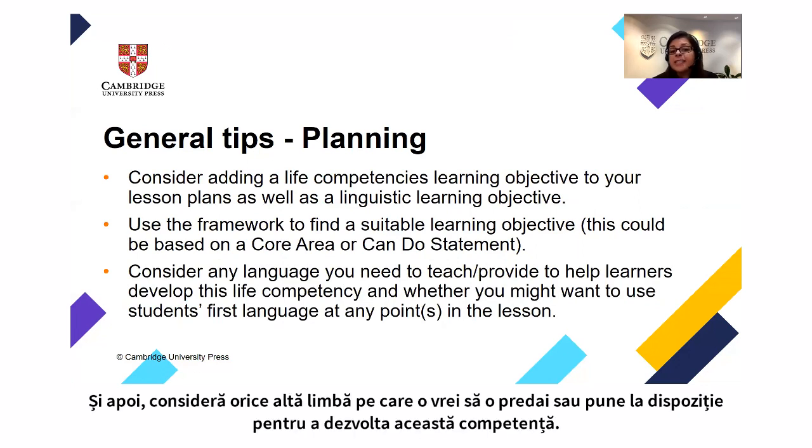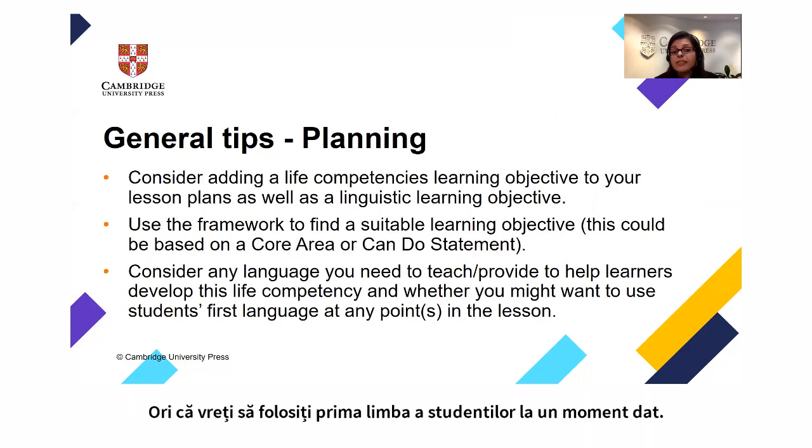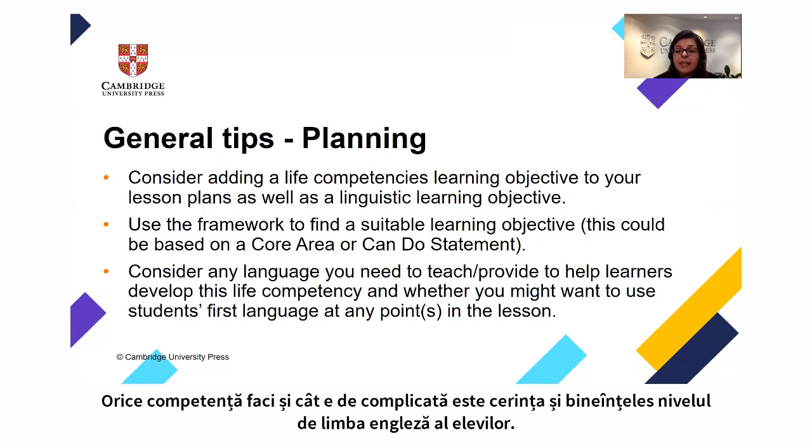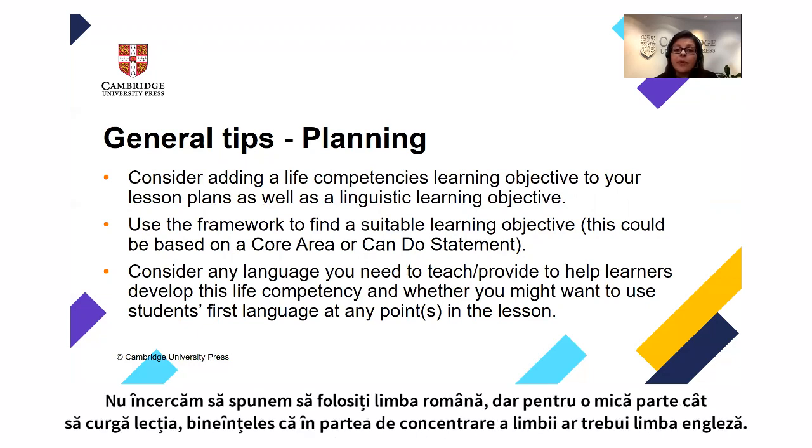And then just consider any language that you need to teach or that you need to provide to help learners develop this life competency, and whether you might want to use students' first language at some point. So depending on what life competency you are doing and how complicated the task is, and obviously your students' level of English, we're not shy about saying use Romanian, for example, for a small part, just to keep the lesson moving.